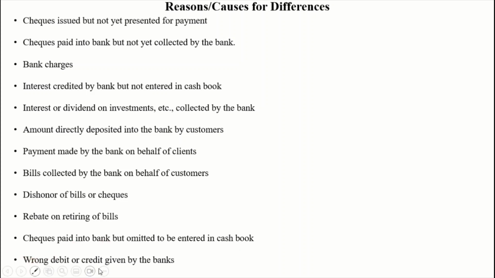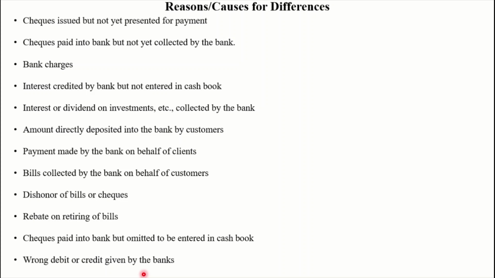Another is wrong debit or credit given by the bank. If there is a wrong debit or credit in the books of account of the bank, then it also causes a difference in the balances of the books of the customer and the bank. A wrong debit or credit may be given by the bank in two different ways: another account holder's check wrongly debited or credited in the customer's account by the bank, or recording of the entry on the wrong side of the passbook by the bank.